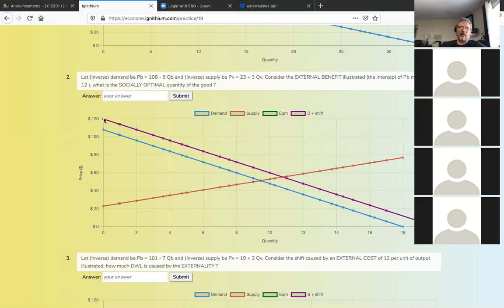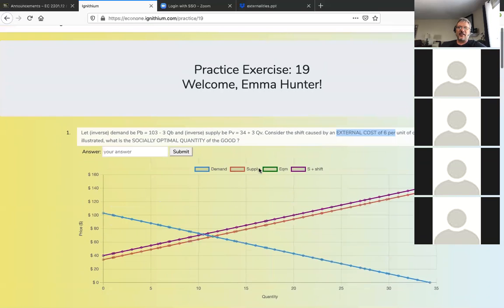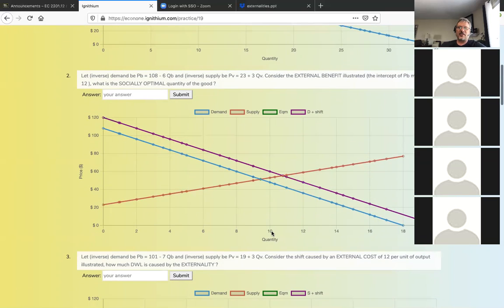But the purple curve has an intercept at 0 units of 120, which means that society is willing to pay an additional $12 for whatever this good is that's generating this external benefit. So this is a case of an external benefit. The previous one was a case of an external cost.